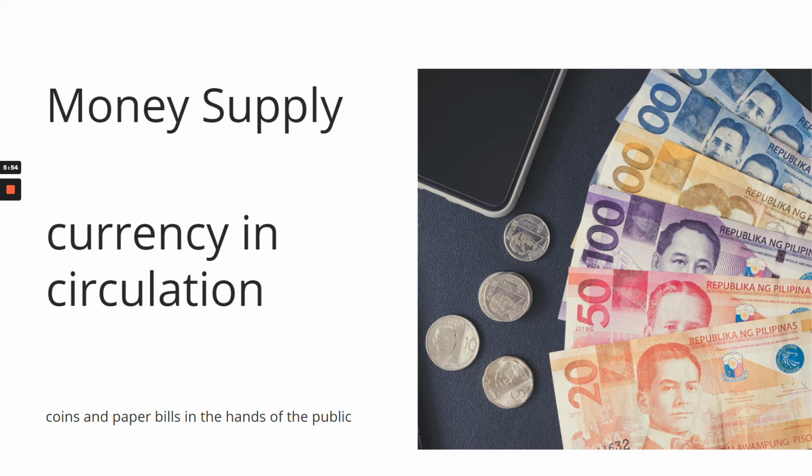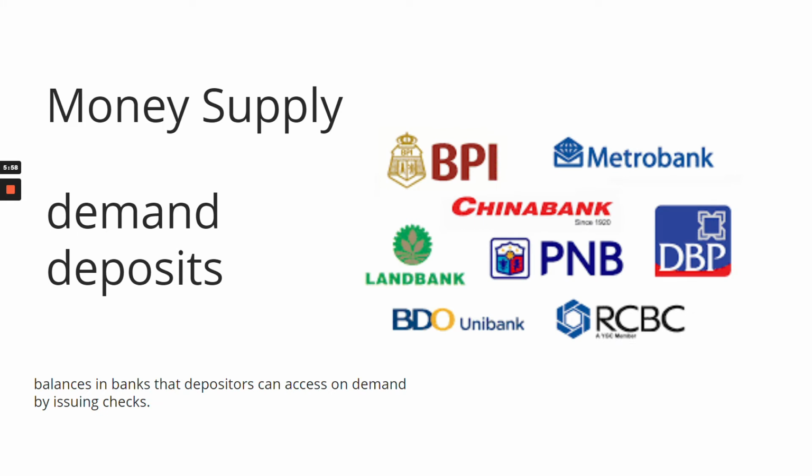Those are currency in circulation. The second one is the demand deposits. These are your deposits in the bank, balances that you can withdraw anytime, no? So those are the supply of money: the currency in circulation and the demand deposits.